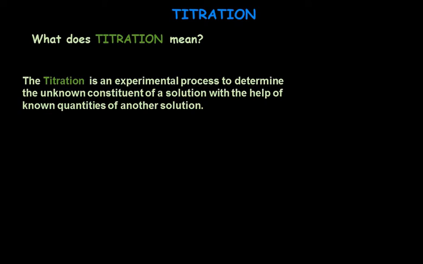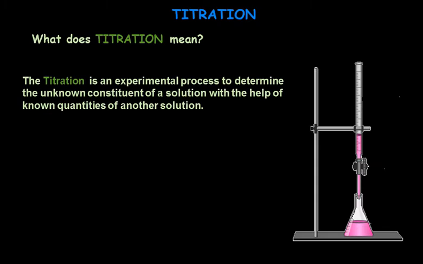So let's have a look at what apparatus we use for titration. Here is a set of apparatus which we use to perform the titration experiment, and the first apparatus which we would see is the burette. The apparatus used to measure the volume of a given solution is the burette. Then to hold that we need a burette stand.